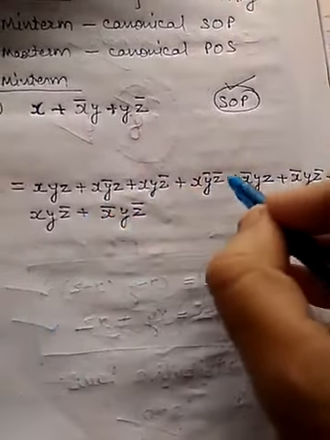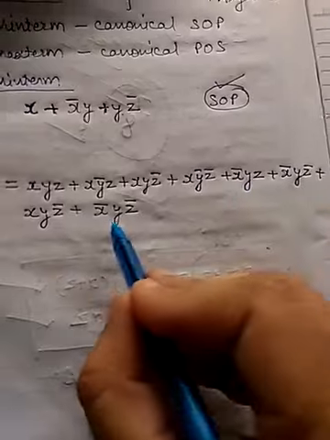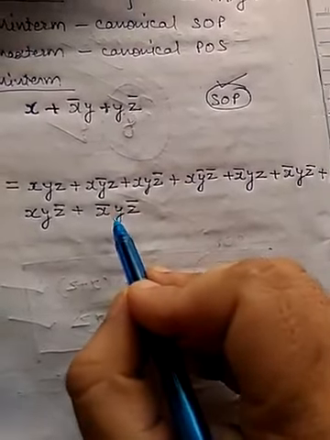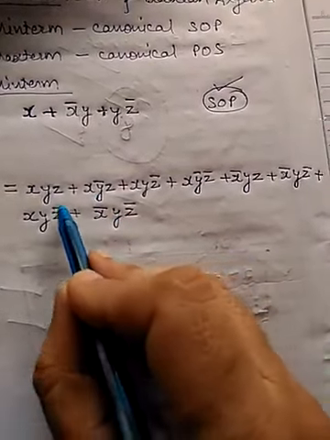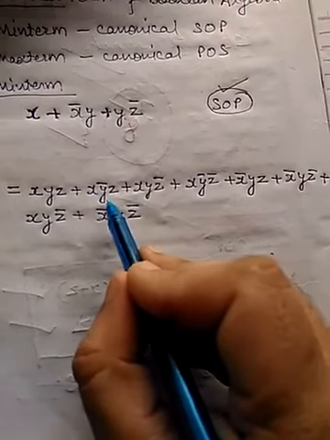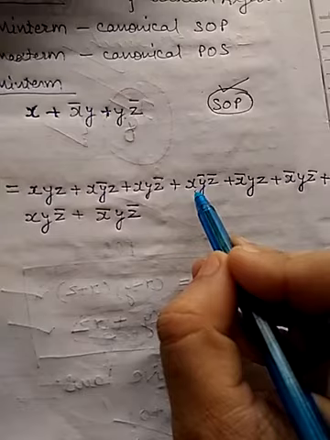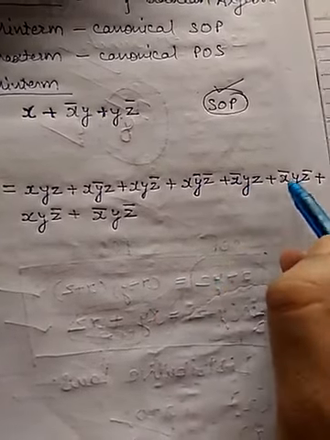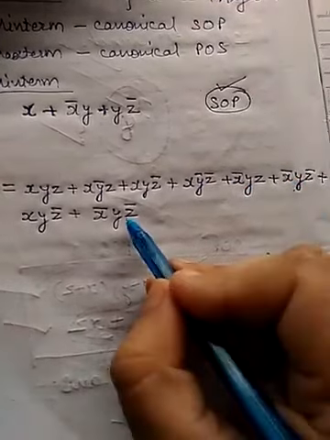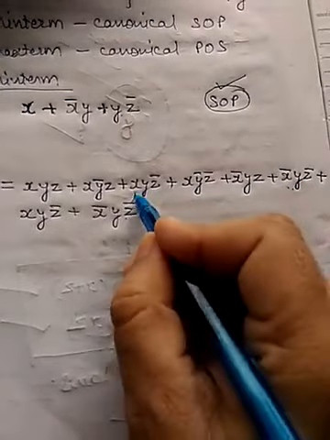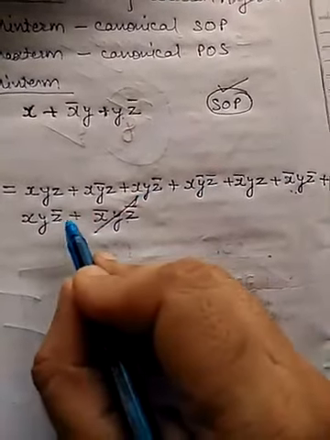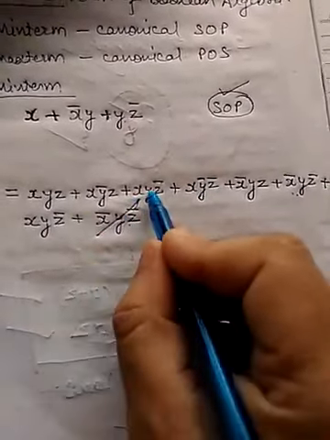Now apply the idempotence law, x plus x equal to x. So duplicate terms we will remove from the expression. Is there any duplicate term over here? Let us see. xyz, no. xy'z, xyz', x'... These two terms are duplicate. Let us remove one. These two terms are duplicate.